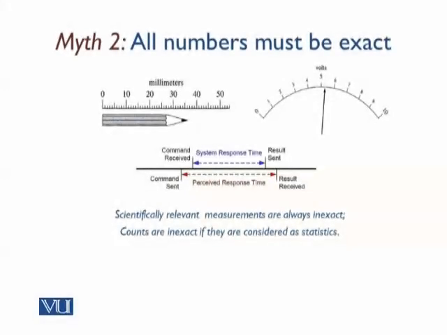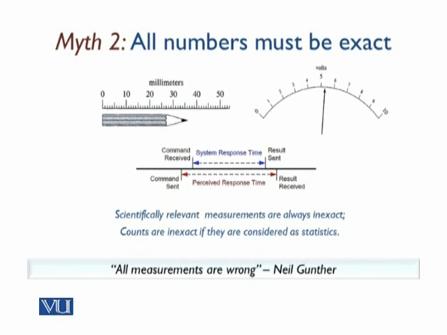So a quote from someone who is very famous in the area of network performance evaluation, Neil Gunther, he says that all measurements are wrong. So don't get me wrong here. We've already talked of all models being wrong, all measurements being wrong. The important point is something being inexact does not mean that you cannot use it. We actually find models very useful because they are more tractable than physical systems.